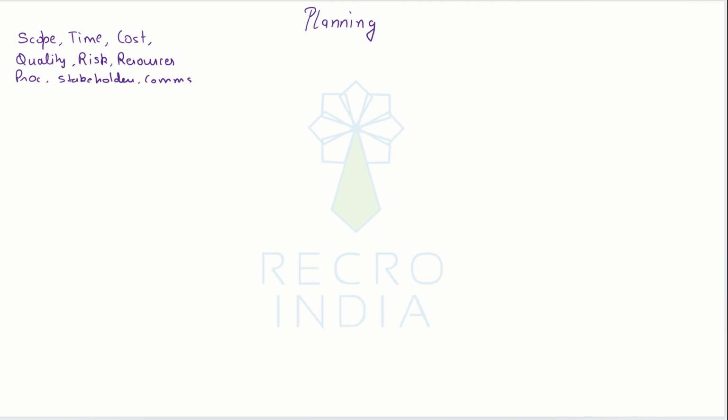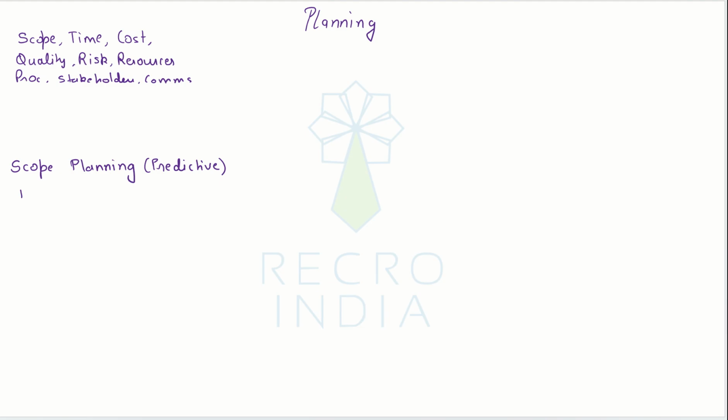However, in our today's video, we will be focusing on scope. And within this also, we are going to discuss from a predictive point of view how scope should be planned in a predictive project.